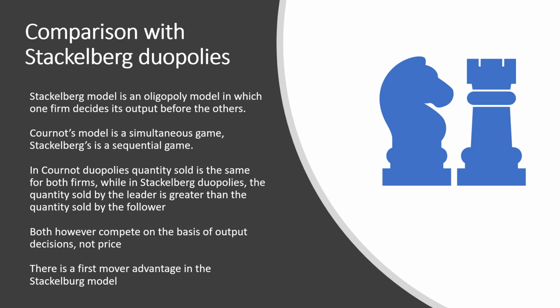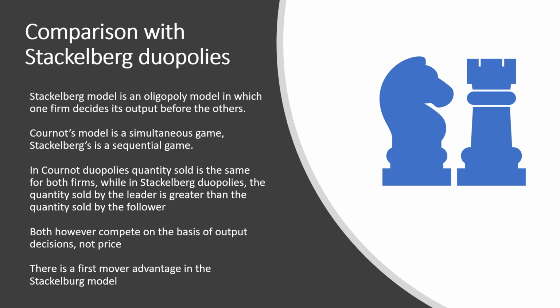In Cournot duopolies, the quantity sold is the same for both firms, whereas in Stackelberg duopolies, the quantity sold by the leader, of course, is greater than the quantity sold by the follower. But the important thing with Cournot and Stackelberg is that they compete on the basis of output and not price.